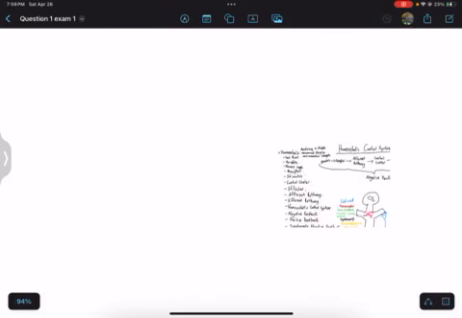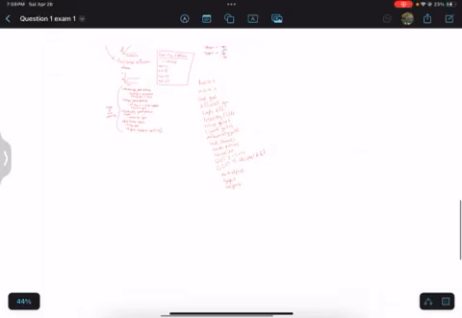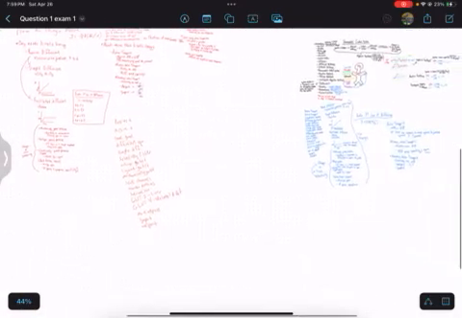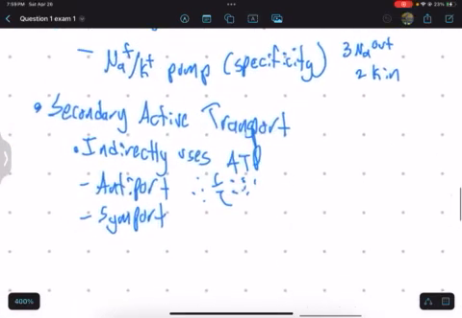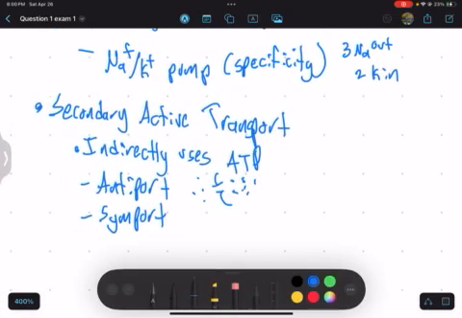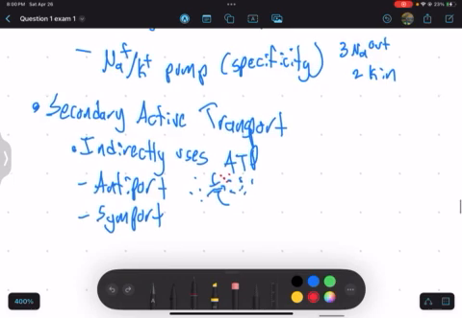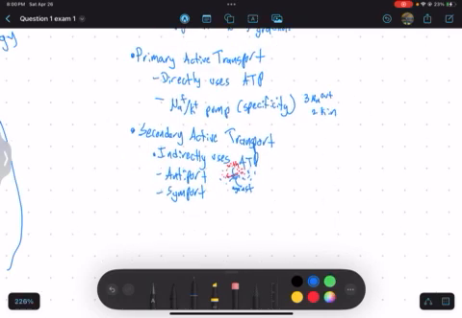Because the system that used ATP, the primary active, created a concentration gradient to where one is going to go with the gradient, allowing the other one to go against.